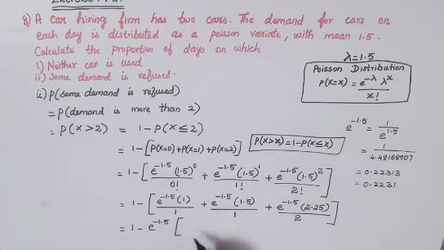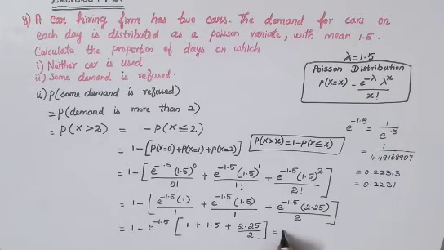So 1 and 1 is there, so you can write it as 1 plus 1.5, since e power minus 1.5 has been taken out, plus 2.25 divided by 2.